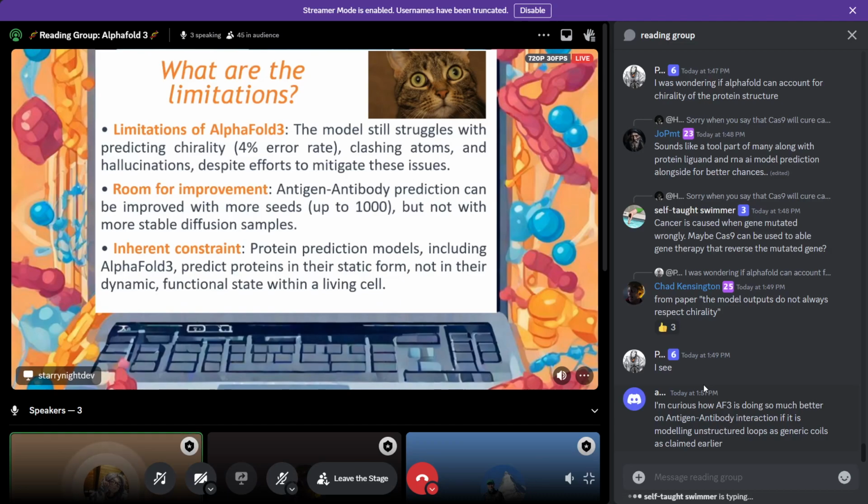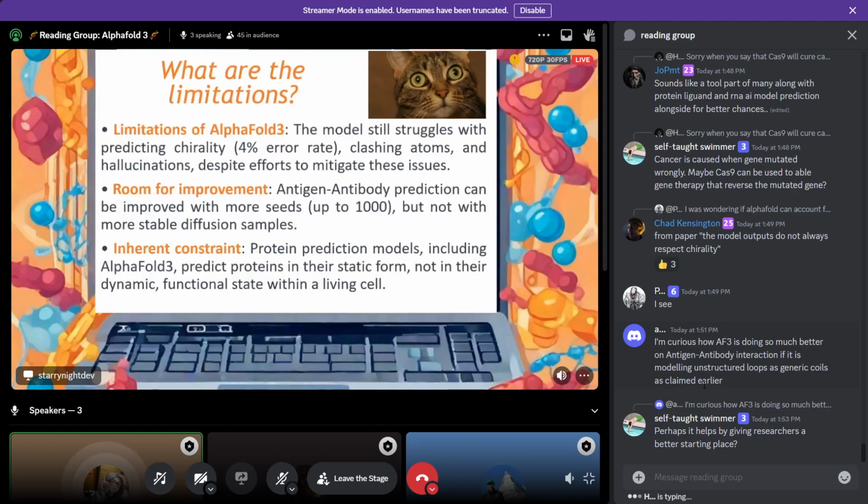Okay, so proteins that are not in a living cell. And this is a big issue because our living proteins are in living cells, are in water solutions, are in our cytoplasms, and so on. And so obviously we need to make some little adjustments when it comes to these kinds of proteins.